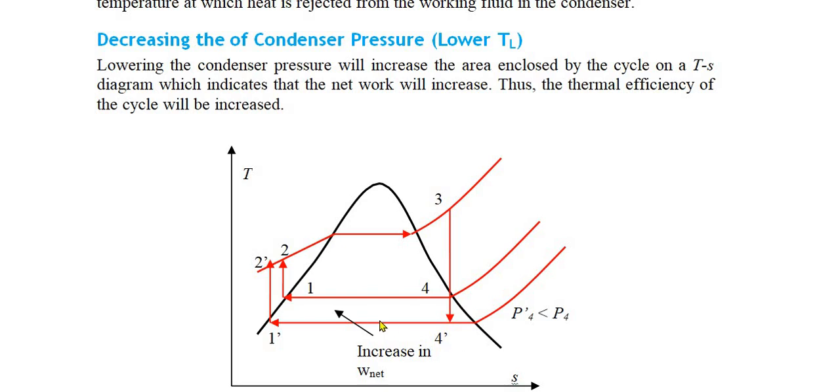Without decreasing the condenser pressure, the area available is 2341. By decreasing the condenser pressure, the area is increased to 234 dash 1 dash. Therefore, when the area increases, the cycle efficiency also increases.